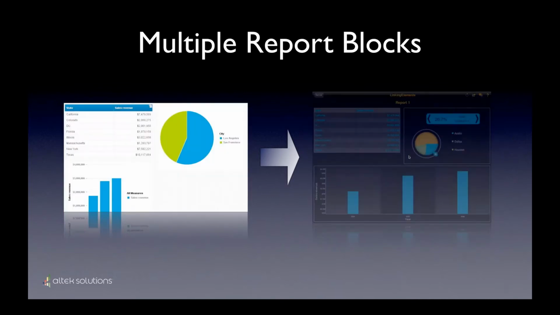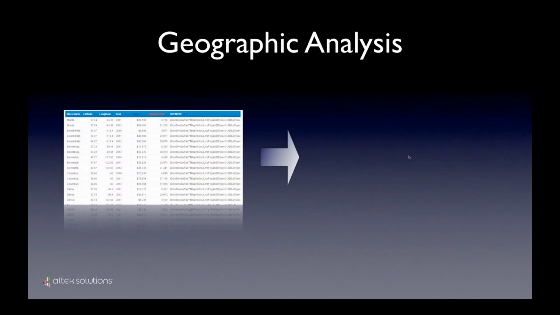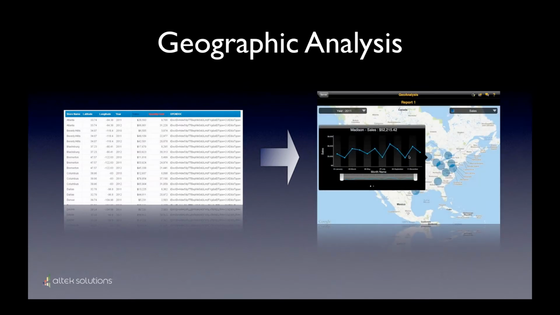A multi-block report becomes a mobile analysis application with integrated charts for deeper analysis. And my favorite, a humble data table becomes a geographic analysis application with touch drill-down capabilities to explore additional information, all at your fingertips. So how does this all work? Let's take a closer look at these examples.